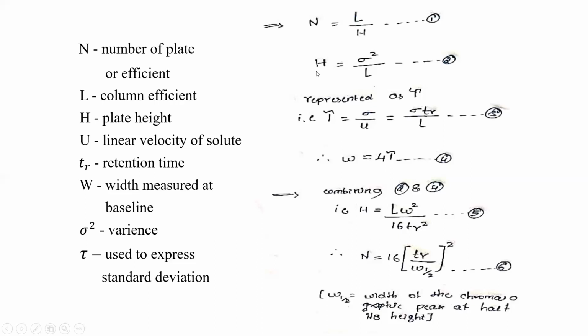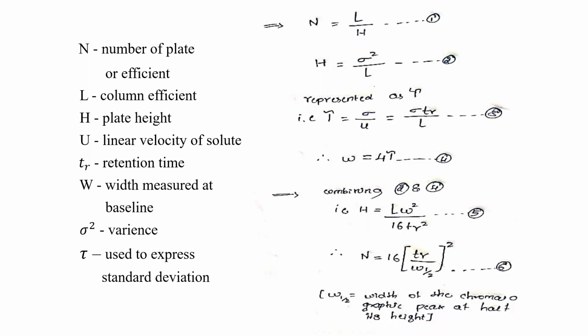By assuming a Gaussian profile, the extent of band broadening is measured by the variance or standard deviation of the chromatographic peak. Therefore, the height of the theoretical plate is defined by the variance per unit length of the column. That is, H is equal to sigma squared by L, where sigma squared is the variance and L is the length.